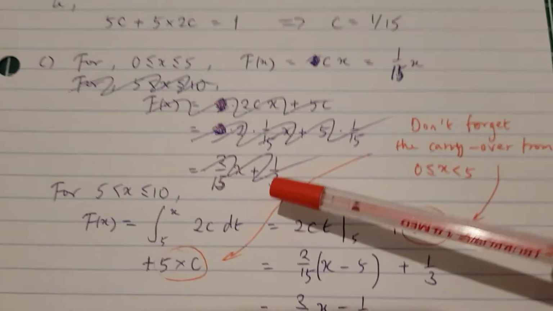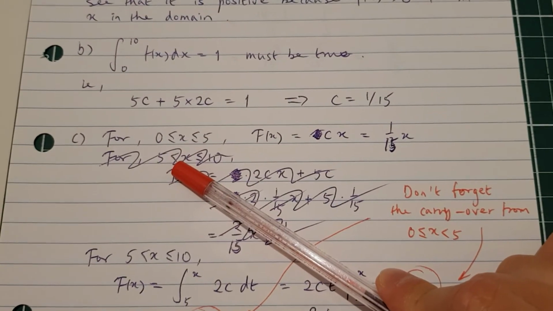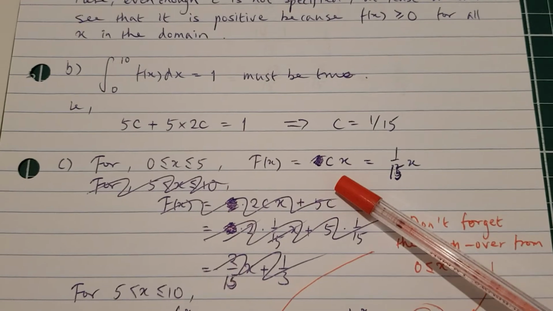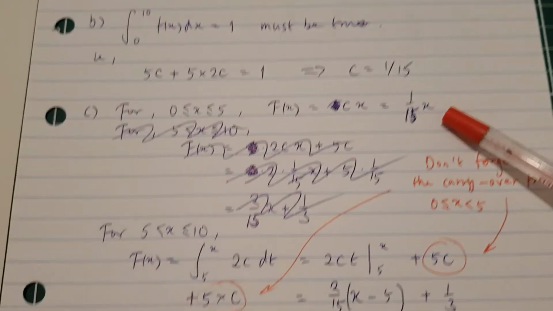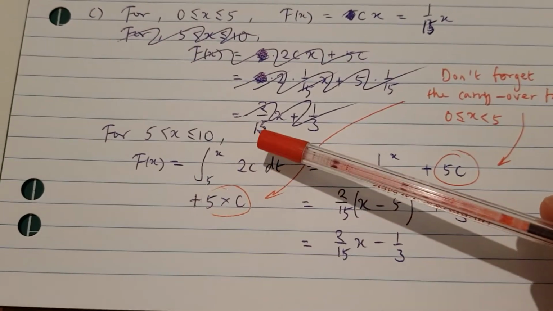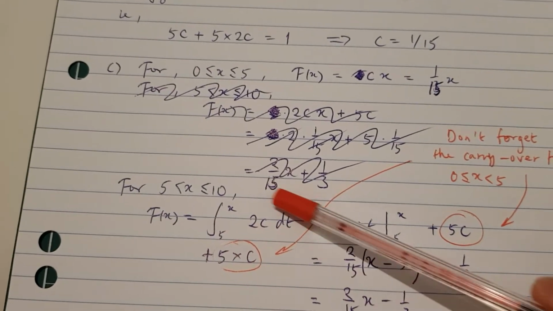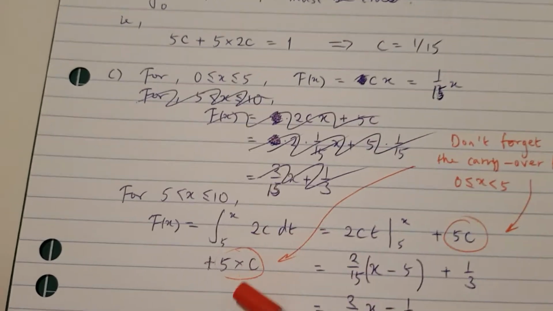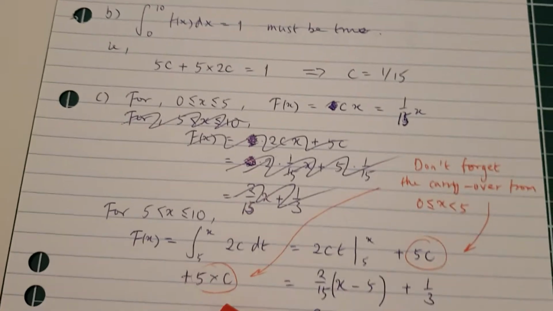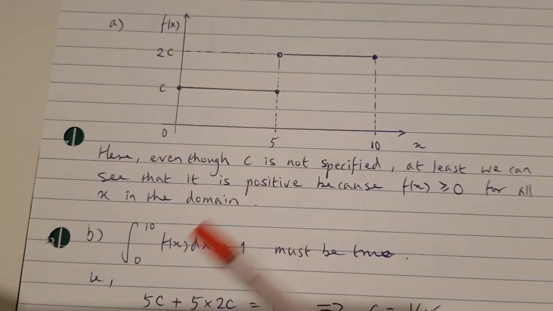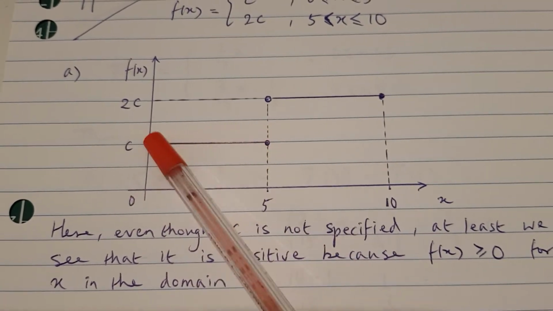Part C, again, the same idea that I used before. In the first part of the domain, it's just easy as Cx, okay, which is 1 on 15 x. Second part of the domain, it's not only this bit, but also you have to tag along the 5C. Now, where do I get the 5C from? It's this bit here, the area of the first rectangle, because it's the cumulative effect.